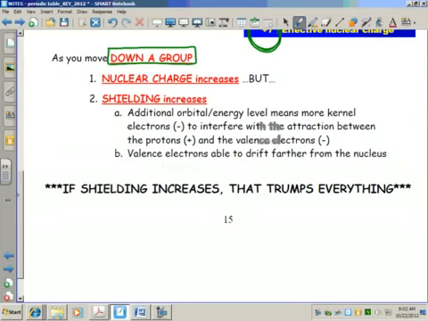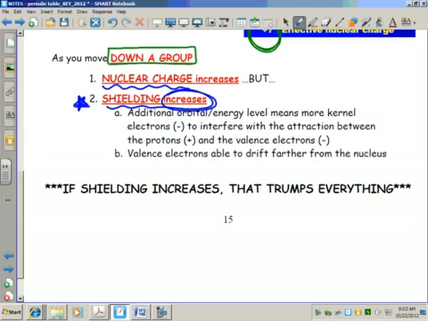Now, as we move down a group, nuclear charge also increases. In fact, it increases by a lot more than when you move across a period. Instead of adding one proton, you add a number of protons and neutrons. However, this guy we gave the big star to up above, now shielding does increase.